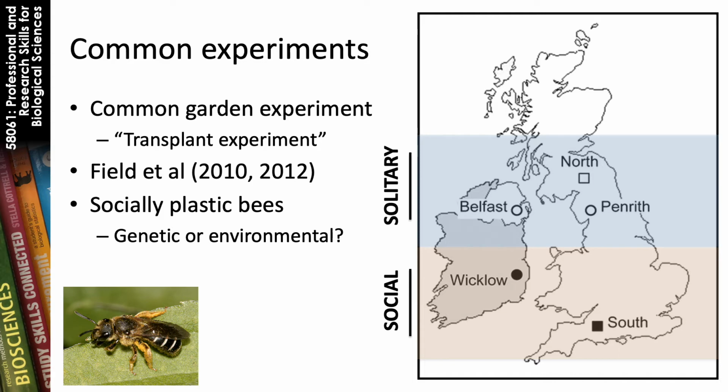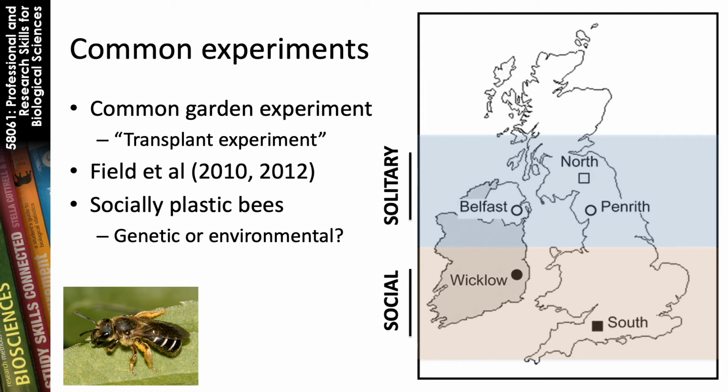So a good example of how to ask this is a study by Field et al., where Jeremy Field wanted to ask, across Britain, there's a bee called Halictus rubicundus, and that shows social behaviour in the south of England and solitary behaviour in the north of England.